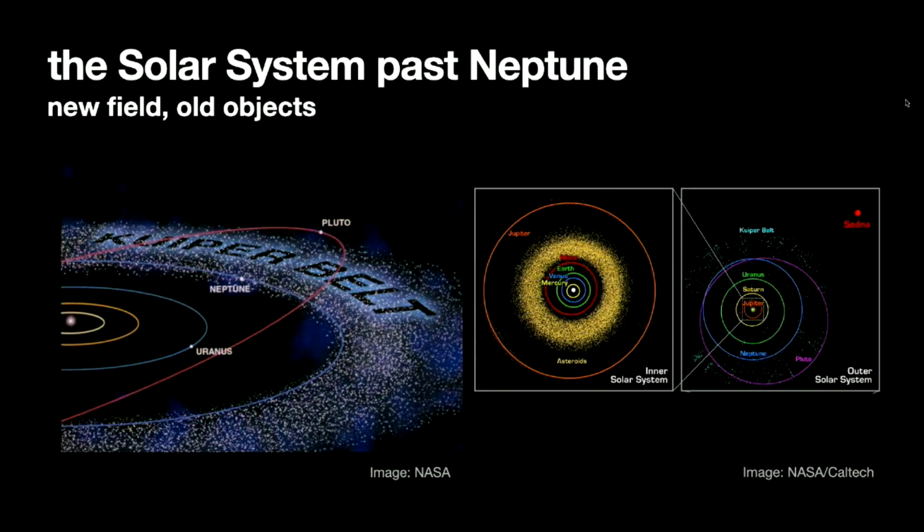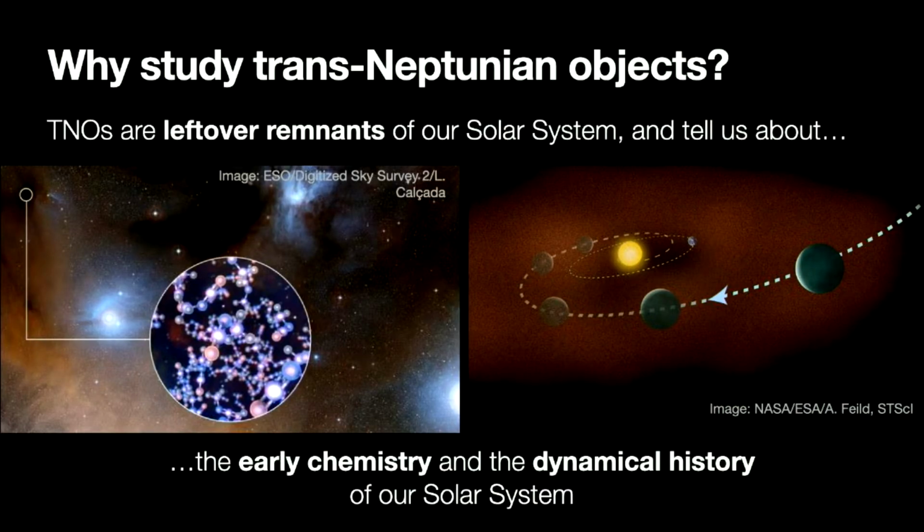What is unique about TNOs, and why we study them, is that they're thought to be the leftover remnants of our solar system. In the early solar system, everything was much, much closer together. The early sun was formed, and there was a huge planetesimal disk of debris around it. From there, the planets were formed. As the planets migrated outwards, they scattered all of this debris, ice and rock, and made the current trans-Neptunian region.